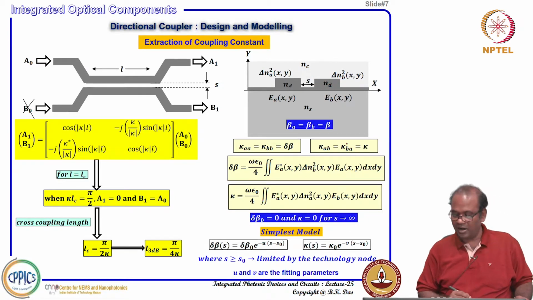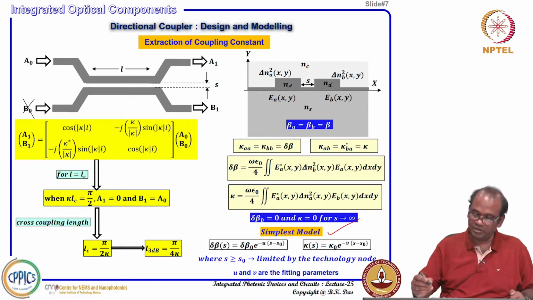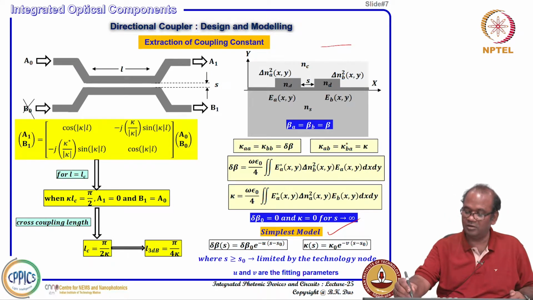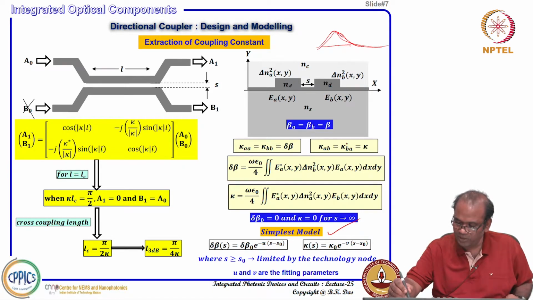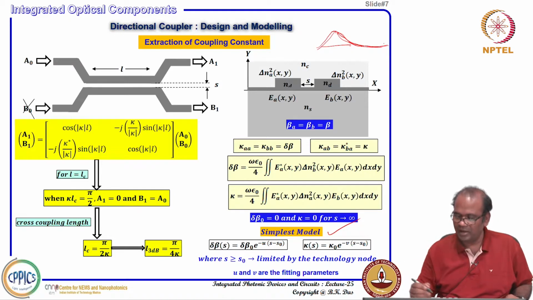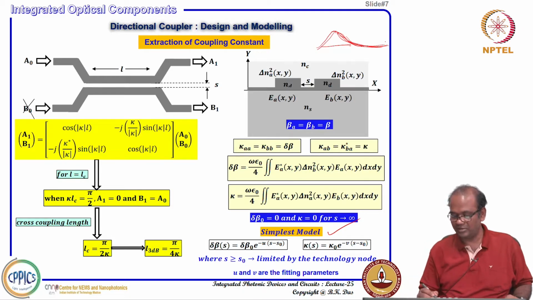Now, we will try to make the simplest model. Normally, if you plot the electric field distribution of the fundamental mode, it will be almost Gaussian, and at infinity it will be 0. So, the field drops off at the edge almost like an exponential term.